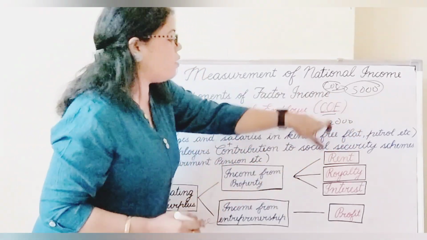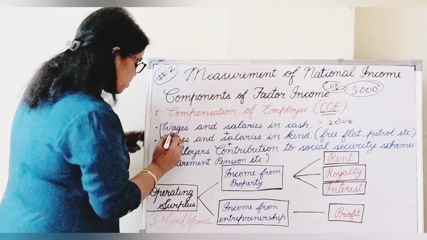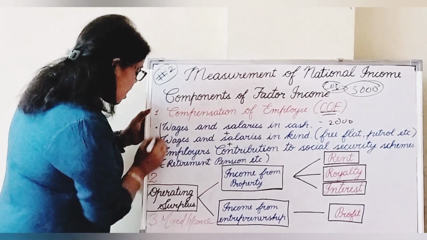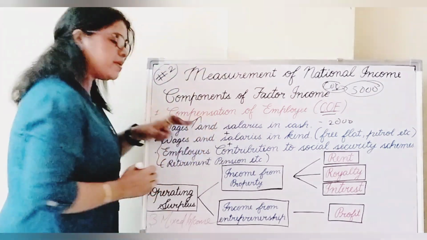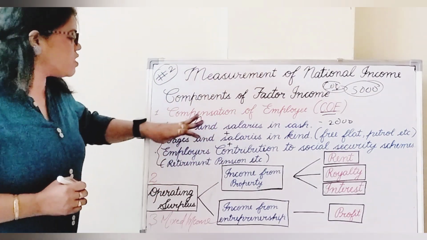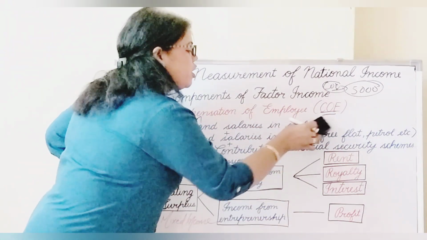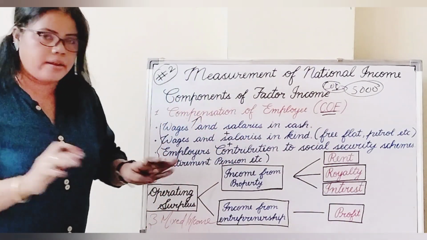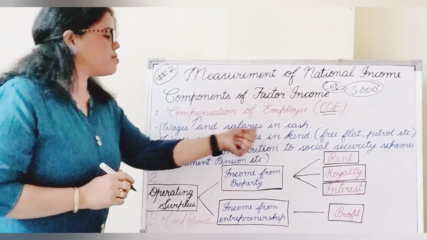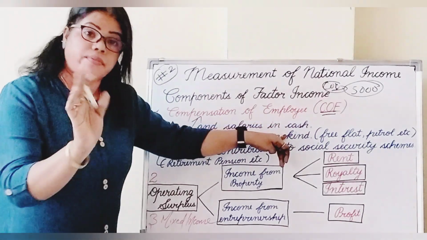If it is given twice, remember these three elements are collectively called compensation of employees. So you are not supposed to take this value. You have to ignore it. If wages and salaries in cash are separately given, you don't take it.